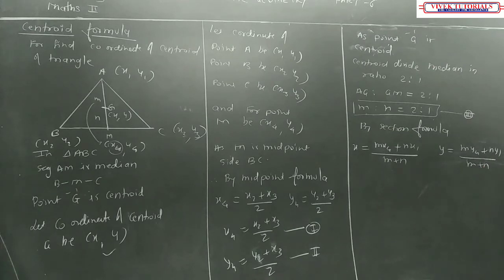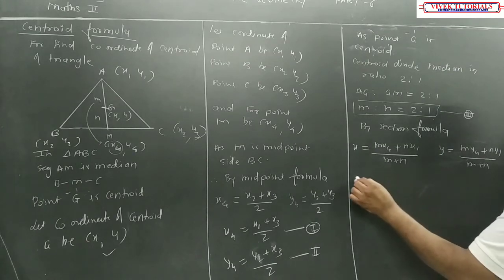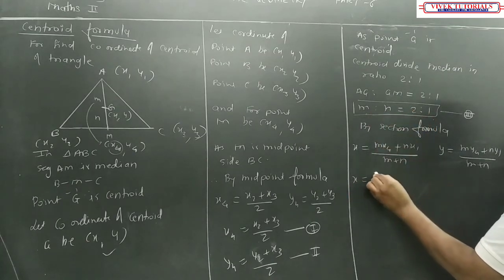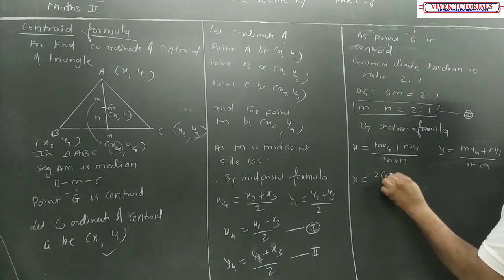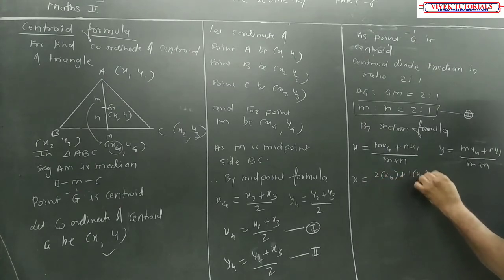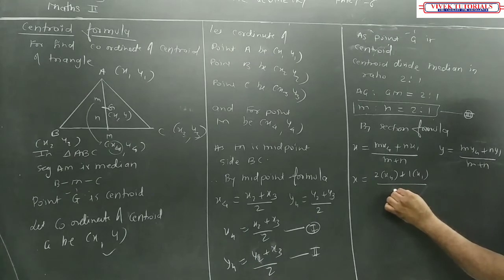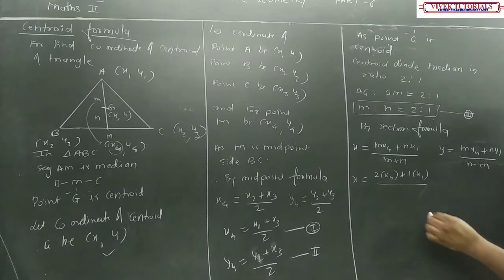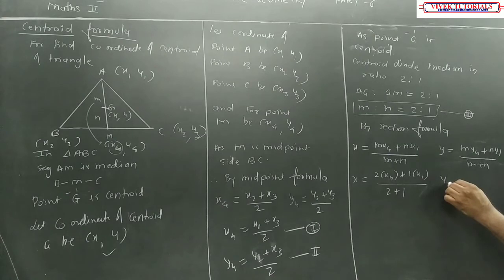Now you do one thing. You substitute the value of m and n. So x is equal to m की वैल्यू कितनी है? 2 into x4 plus 1 into x1 upon m plus n. M plus n is equal to 2 plus 1. Here y is equal to 2 into y4 plus 1 into y1 upon 2 plus 1.